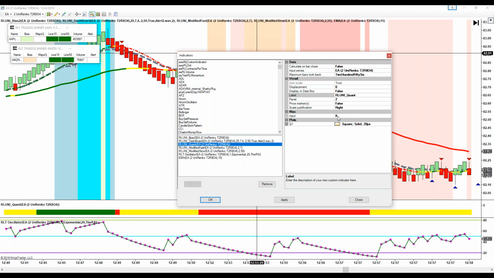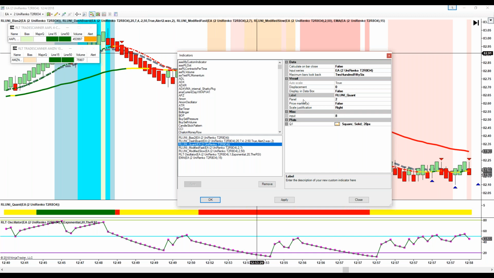So this is an 8 on a 2 Renko. If you traded a 4 Renko, you would trade a 13. If you traded a 6 Renko, you would trade a 21. If you traded an 8, you would trade a 35. If you traded a 10, you would trade a 54.